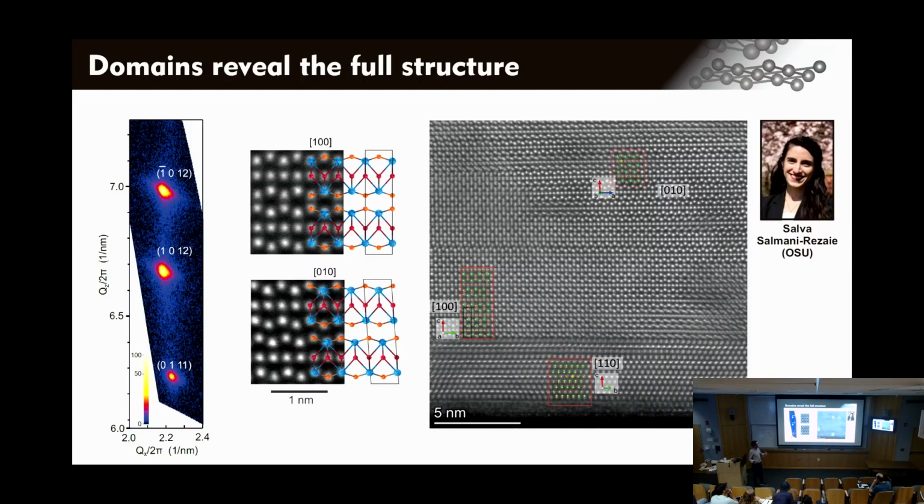Long story short, we discovered a different structure type in this family of materials. This is perhaps most easily recognized by looking at the electron microscopy, but it's also recognizable in the diffraction. We can see 3 different domains in these films: a projection down the 010 axis, the 100, and the 110. These are 90 degrees relative to each other, and this is 45 degrees.